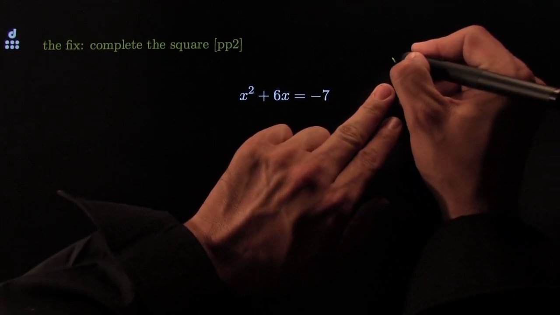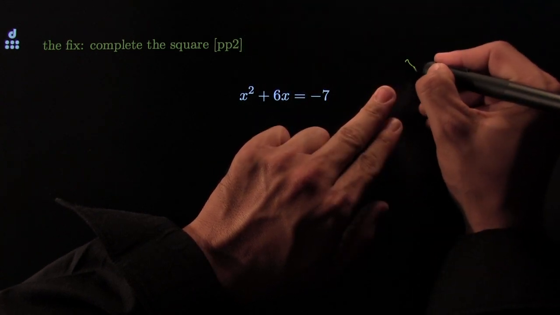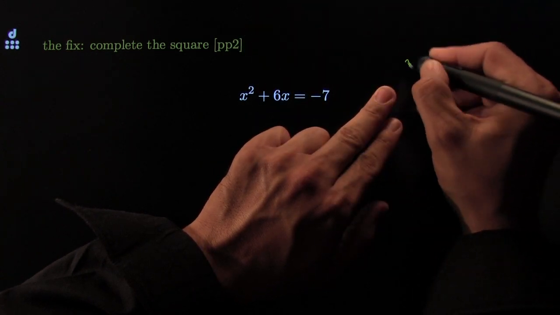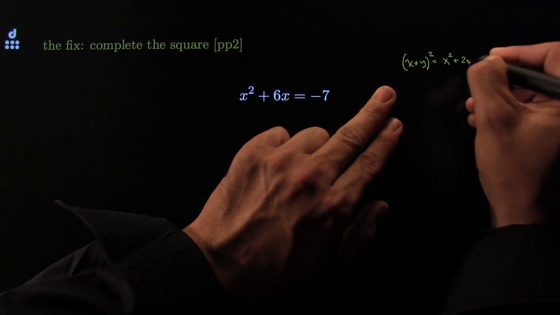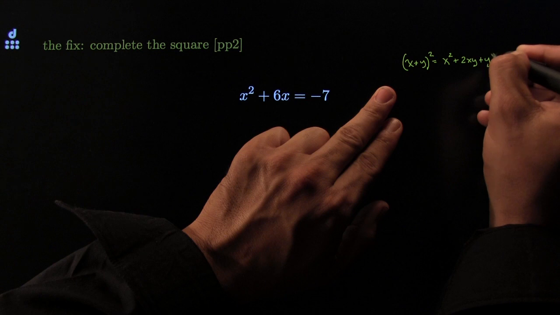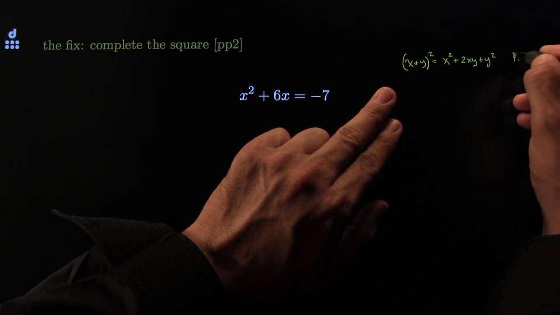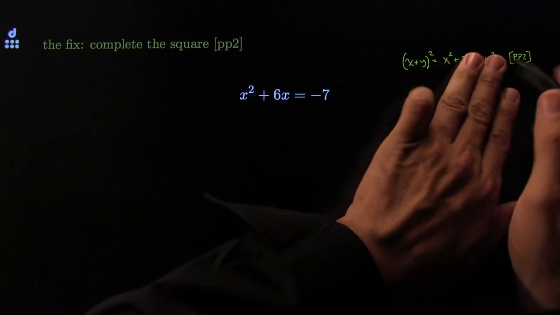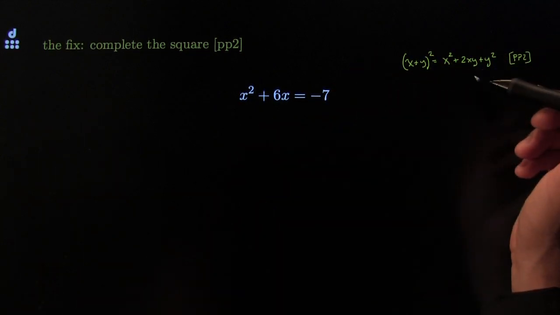I'll remind you, the perfect square, which we also call Pascal polynomial number 2, went something like this. If I have x plus y and I square it, I get x squared plus 2xy plus y squared. That's pp2. Now if you have forgotten how to get that or where that came from, you're welcome to FOIL that out and you see you get that expression.